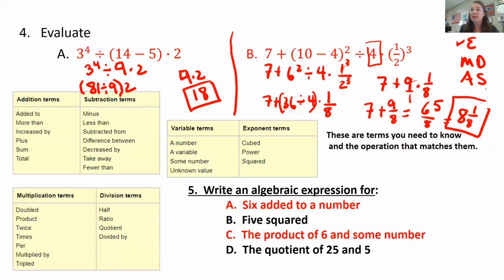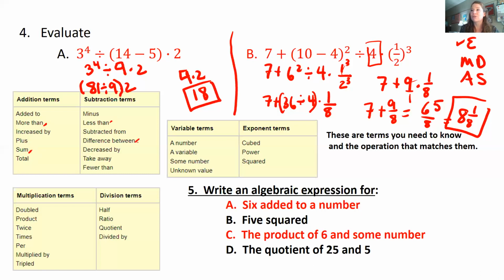So you do need to be familiar with these terms, and you need to make sure you know what operation it matches. So probably the most popular would be sum, more than, added to. All these are pretty straightforward. Less than for subtraction is very popular, that's used quite a bit.